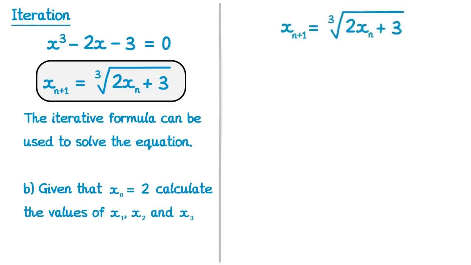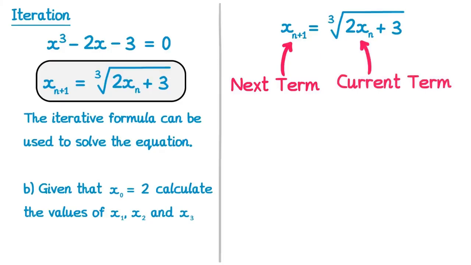Now, to understand how to do this, you need to understand what an iterative formula is. x(n+1) here refers to the next term of a sequence of terms, whereas xn refers to the current term we're on. If, for example, we started with our current term as x0, and we substituted in that number, and then worked it out, it would tell you what x1 is.